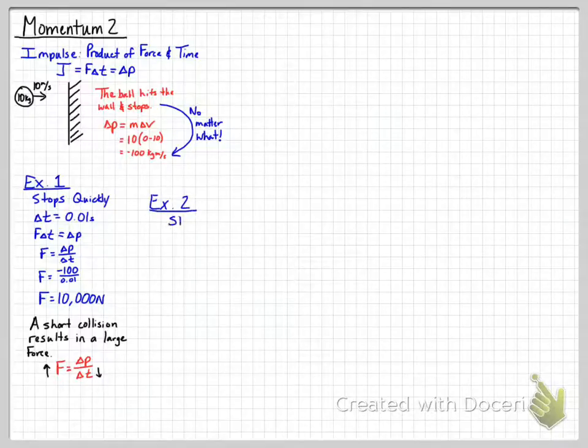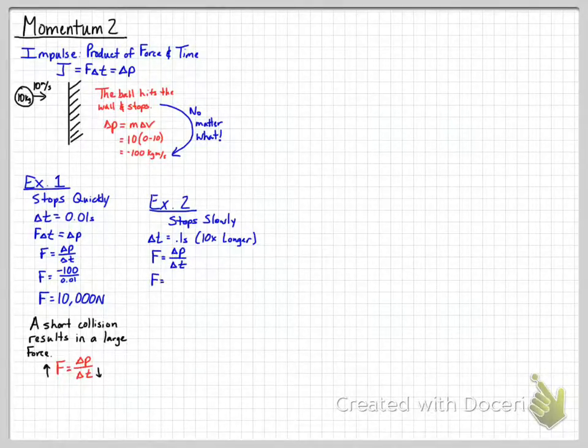Looking at this a different way, as if it stopped slowly, our change in time is going to be a bigger number, so 0.1 seconds, which happens to be 10 times longer that the force was able to act. So that force happened over a longer amount of time, and so we're going to use the exact same equation.